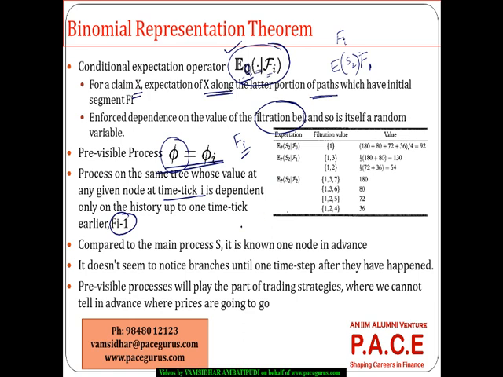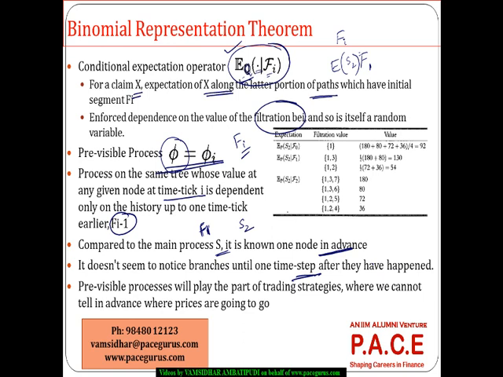Which means the price at time 2 is dependent only on the values up to F1. So that is what we are calling a previsible process. Compared to the main process, it is known one node in advance, and it does not seem to notice the branches until one time step after they have happened.